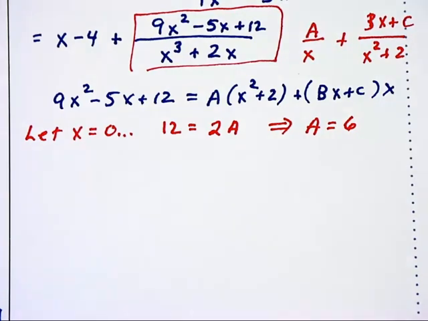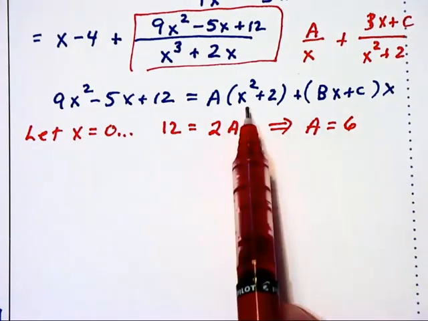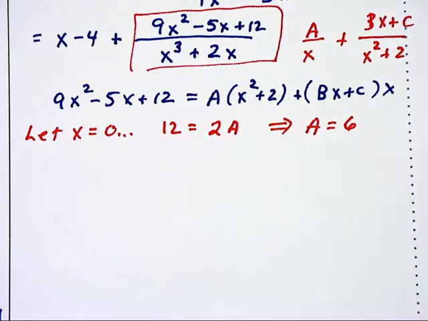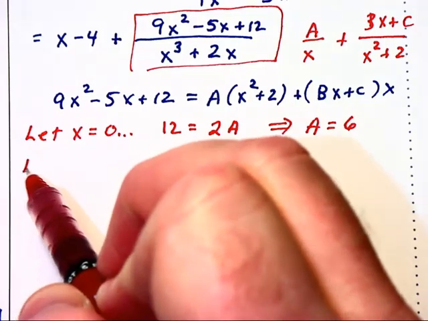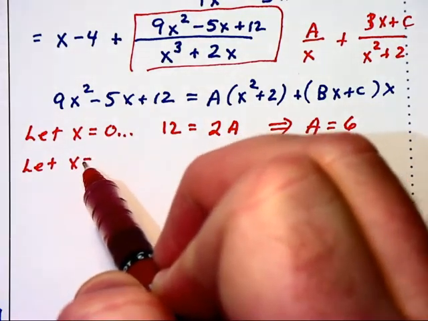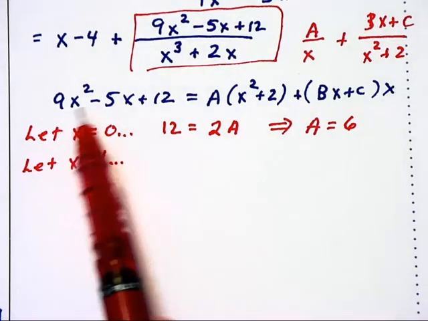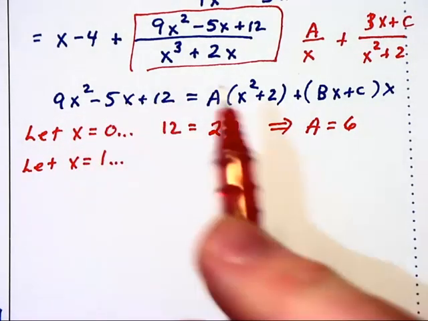Now I need to find the next best choice for something to substitute in, but I really can't find any other numbers that make 0. So I'm just going to choose let x equal 1. The left side becomes 9 minus 5 plus 12.